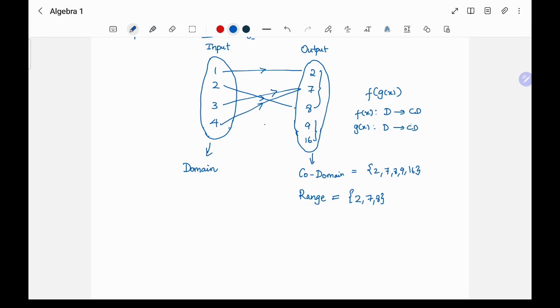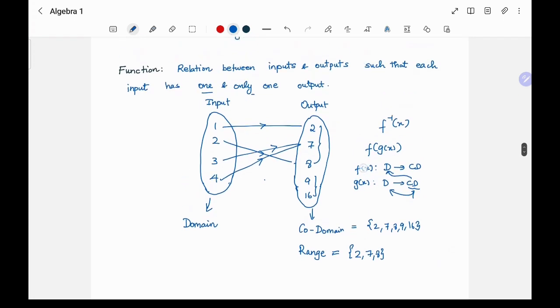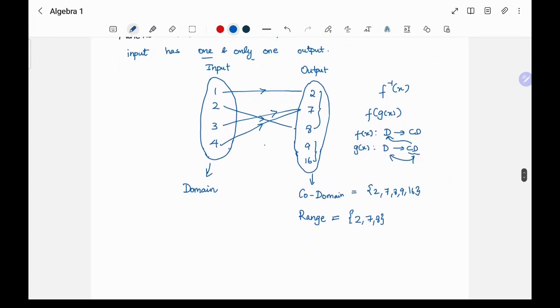Since we have f of g of x, the codomain of g should again be the domain of f. So then it becomes useful. Or when we take the inverse of a function, let's say f inverse of x, then the codomain becomes useful. Okay, so this is about functions.